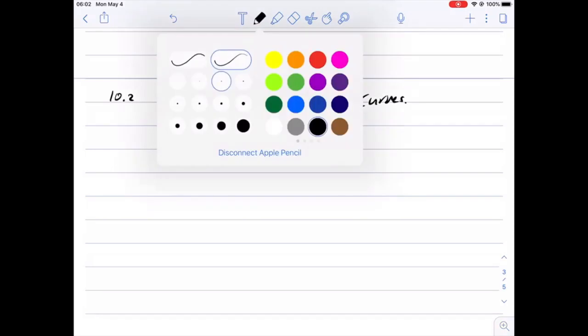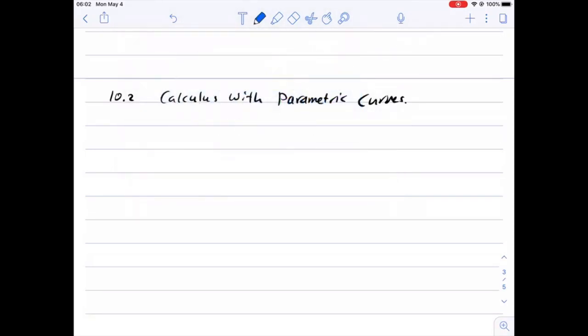Let's first write the basic formulas that we need if we want to apply parametric equations to calculus. The basic idea here is the derivative or the tangent line, the slope of the tangent line. So how do we define derivatives?